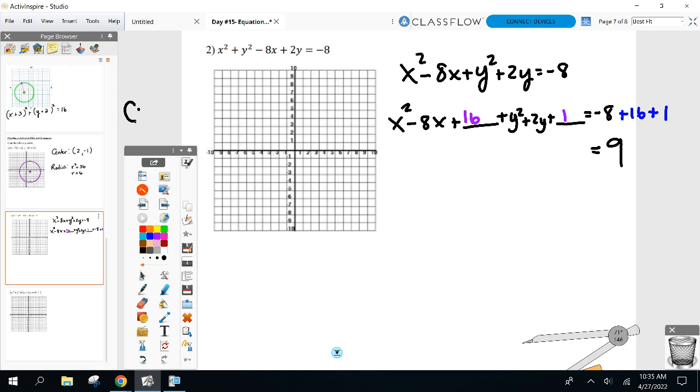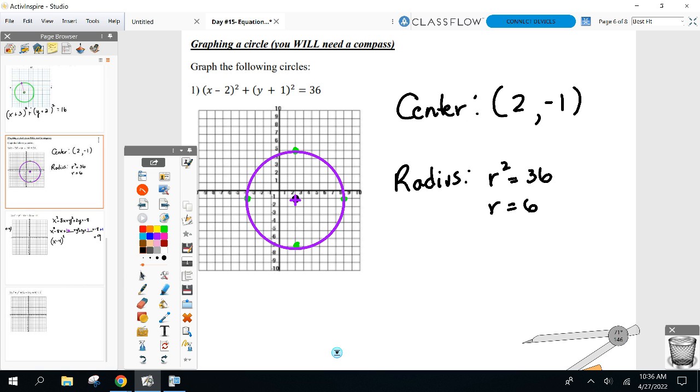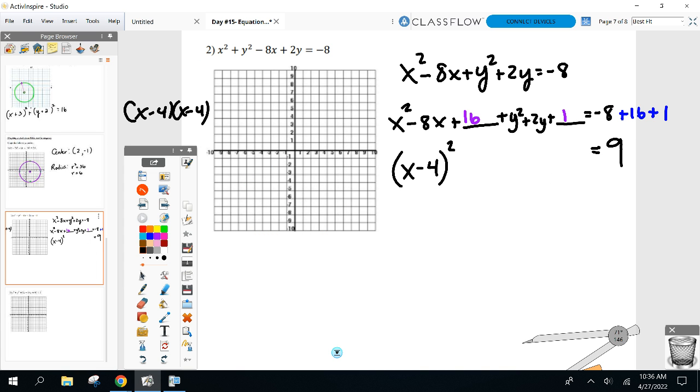I won't have you write this. So this is how you would factor it, right? -4, -4. X minus 4 all. We're getting there now. We're starting to look like our famous circle equation from today.